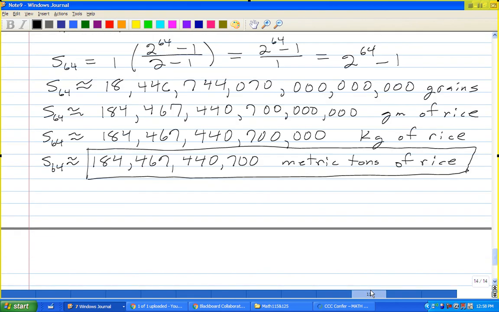Okay, so let me talk about an annuity. So an annuity is a financial instrument where you input the same amount of money into this instrument at the same intervals of time.